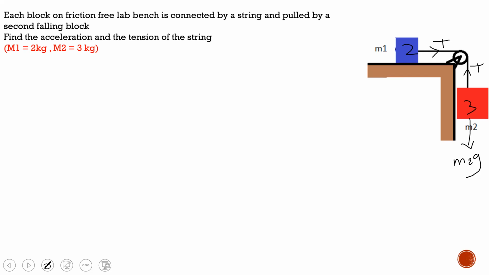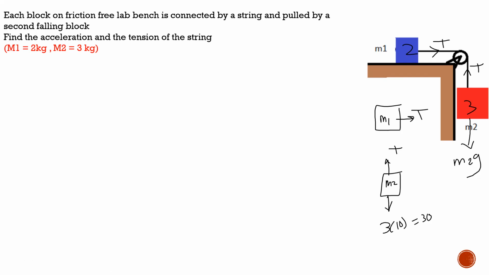Let's draw now the free body diagram for M1. We have only the tension that is applied on M1. And for M2, we have a tension up and we have M2g, or 3 times 10, which is 30. Acceleration is force over m.